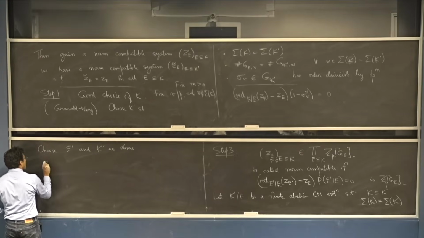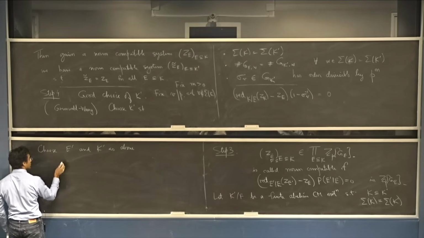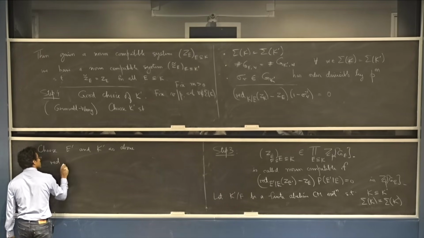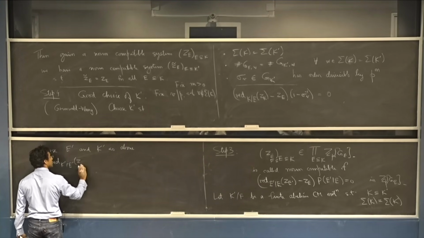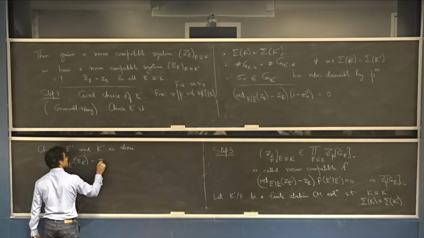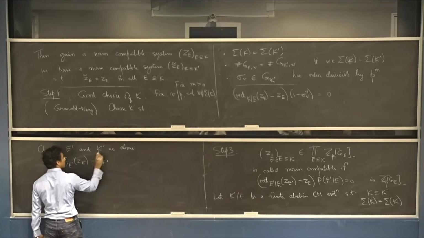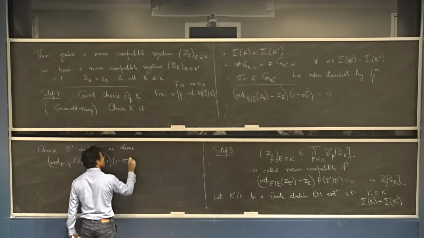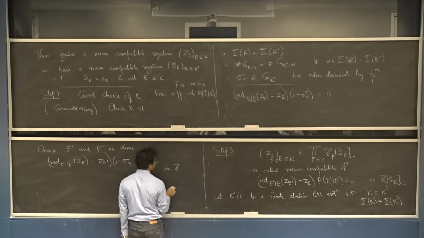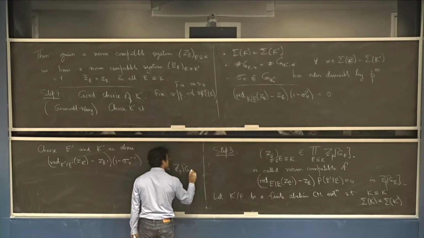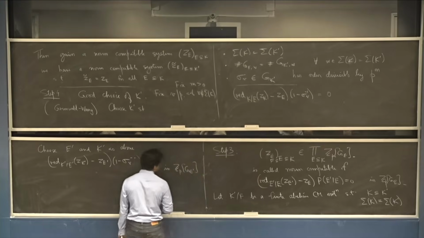So then what I have is, reduction from K prime to E prime, z K prime minus z E prime, times 1 minus sigma V inverse. This is 0. This is inside Z p G E prime, right?